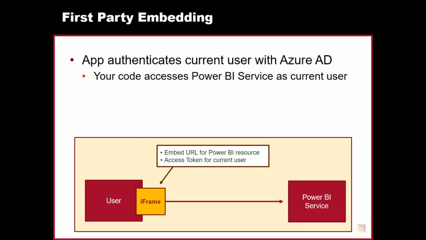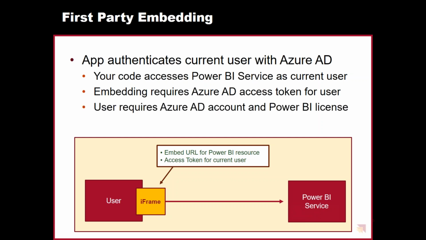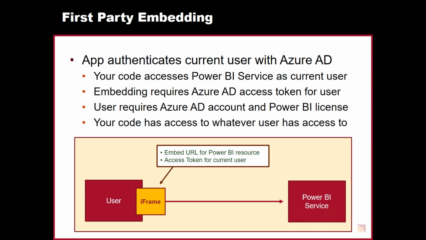So your code accesses the Power BI service as whoever the current user is. Embedding requires an Azure access token for that user. The user requires not only an Azure account, but that Azure account has to be configured to have a Power BI license. Possibly the free license under circumstances, but it will always work if it is a pro license. Okay. Your code then has access to whatever resources that user has access to.